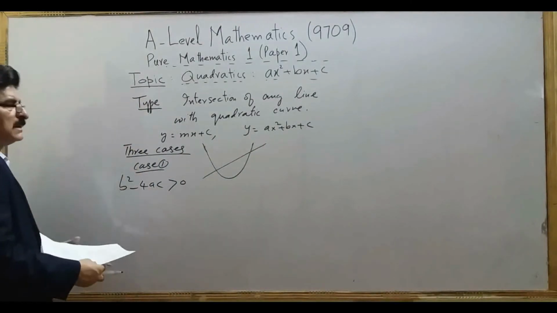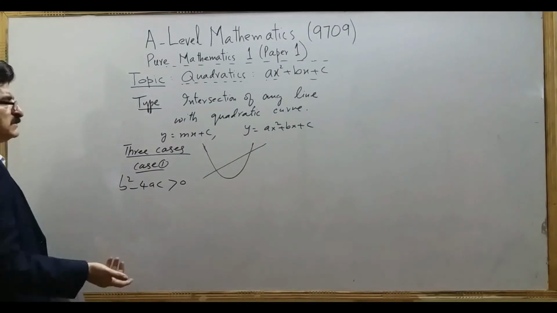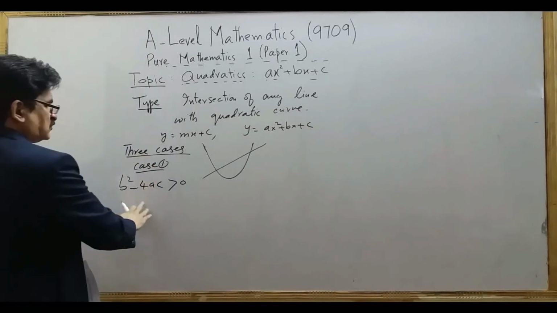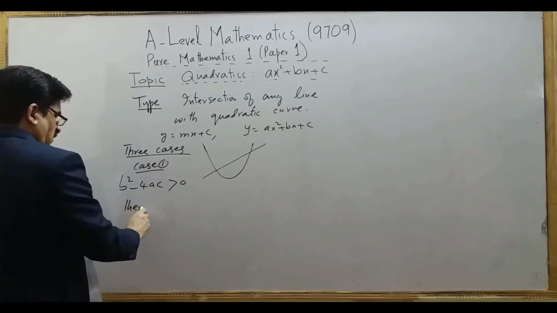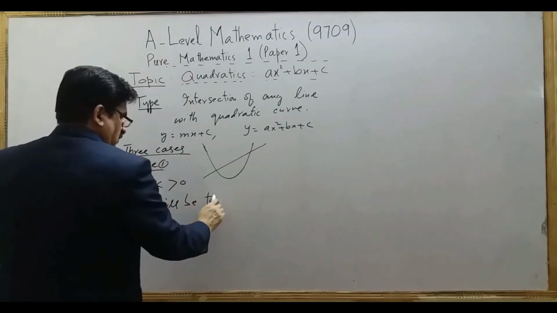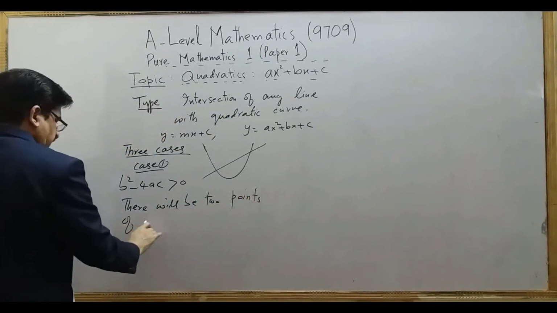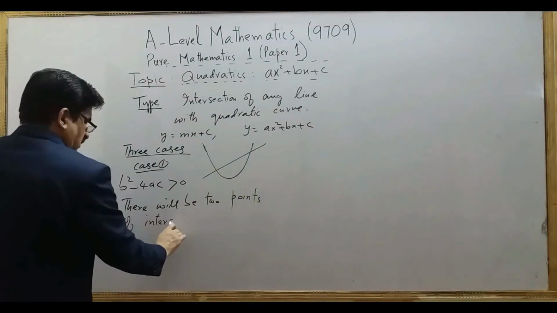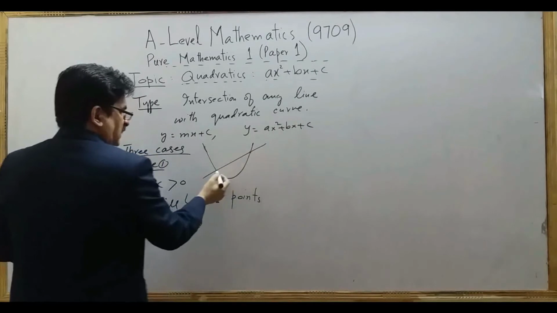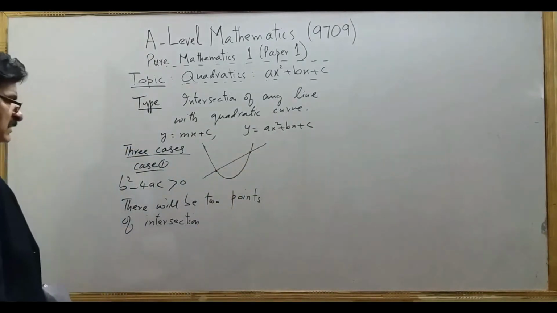Recall that there you got sometimes two answers, sometimes one answer and sometimes no answer. First case, two answers. So there will be 2 points of intersection. The first point and the second point will each have some x, y coordinates.